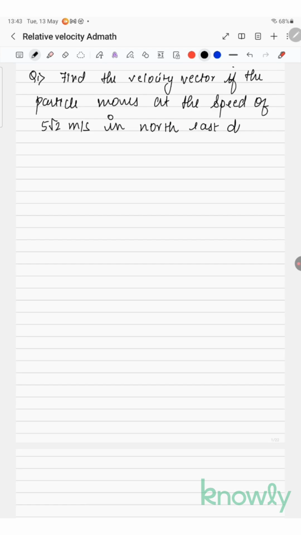Okay, so let's say a particle is moving in the northeast direction.